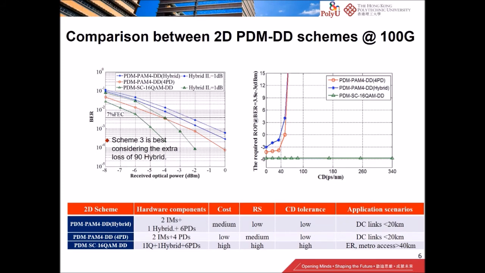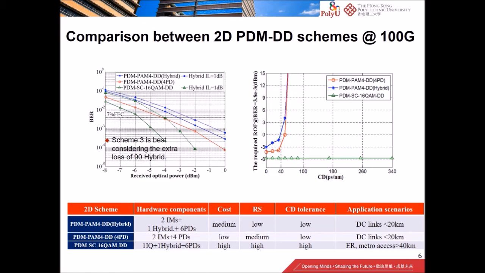Now here is a comparison between all these schemes that we propose for 2-dimensional POMAX direct detection systems at 100 gig. The detailed parameters of the simulation comparison can be found in the paper.